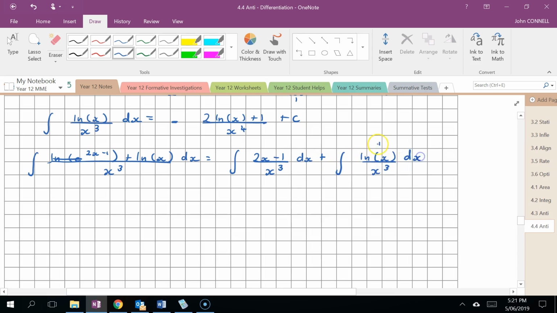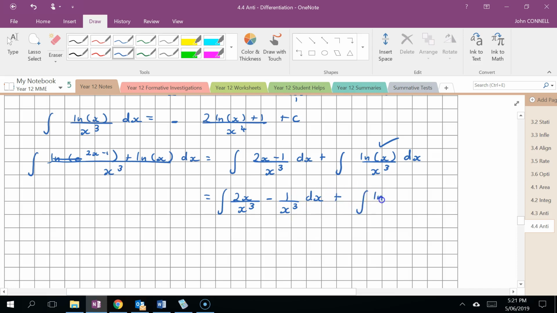Now, I know how to do this one. We've already done that. So I just need to focus on this now. Is there a way I can do this? Well, let's look at it closely. Integral of 2x. If I split that up into 2x on x cubed, I'll just get a constant times x to some power. I know how to do that one. Take 1 on x cubed. That's again, that'll just be x to some power, and I know how to do that.